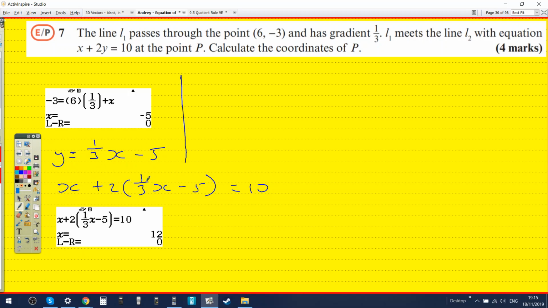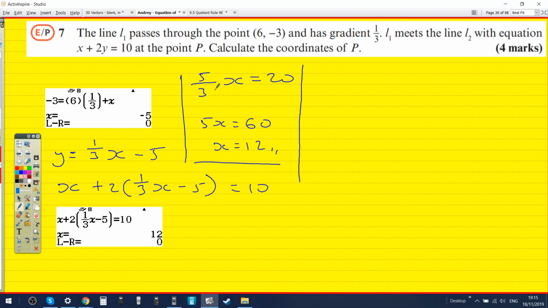So your one was 2/3. 1 plus 2/3 is 5/3, is it? So 5x is equal to 60. What did you do again?